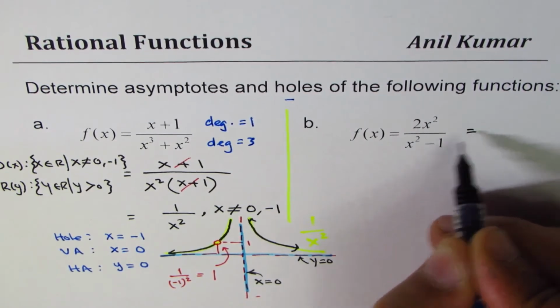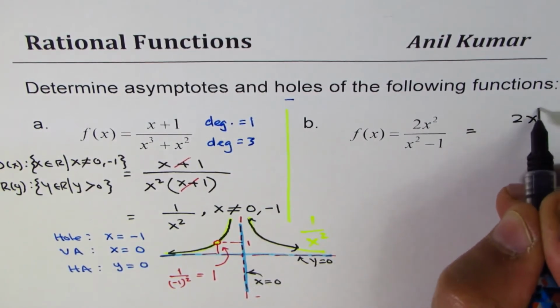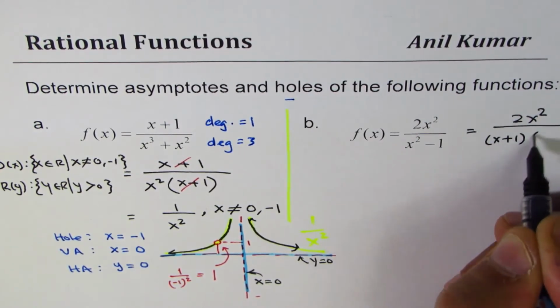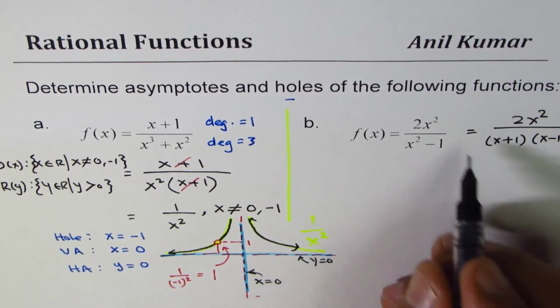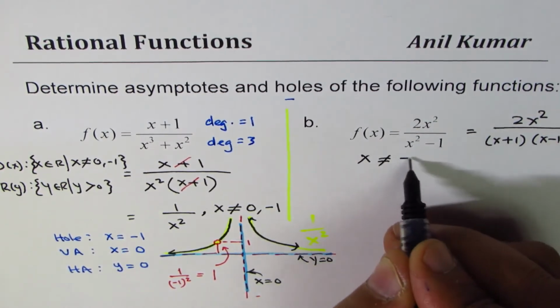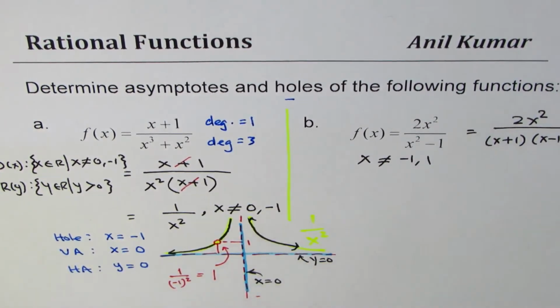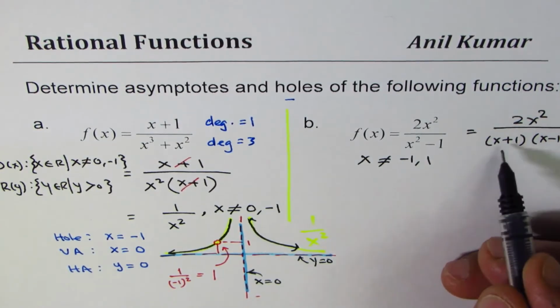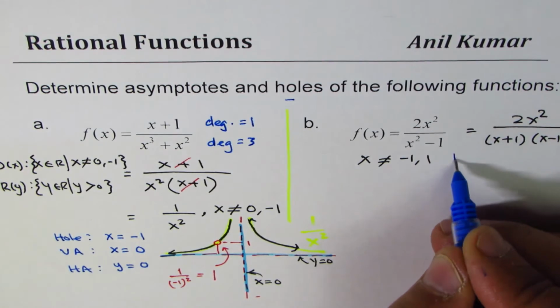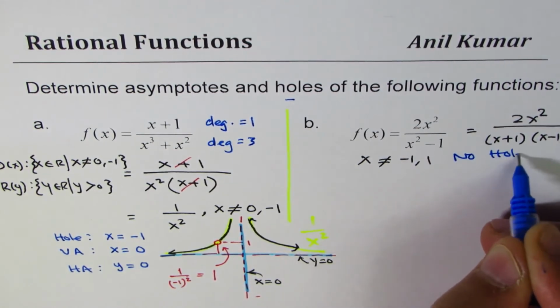First step is to simplify. We have 2x squared divided by a difference of squares, x plus 1 times x minus 1. So we have two restrictions here: x is not equal to, when this is 0, minus 1, and when this is 0, plus 1. Now since there is no common factor, we do not have a hole, right? No holes.